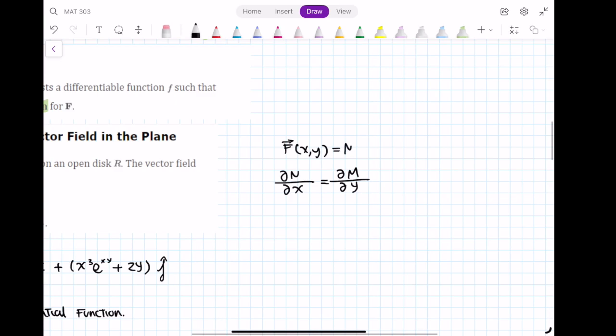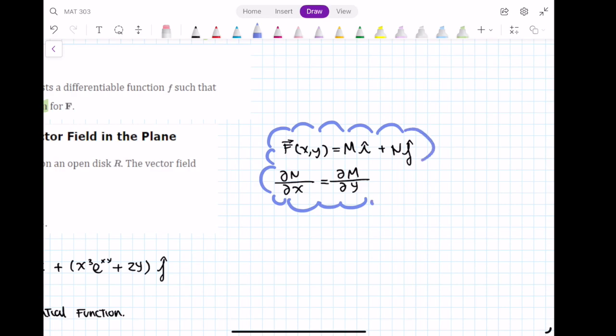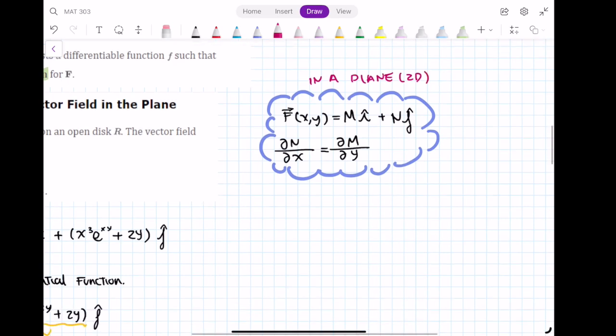Also, we have to remember that this is in a plane, that is 2D, right?